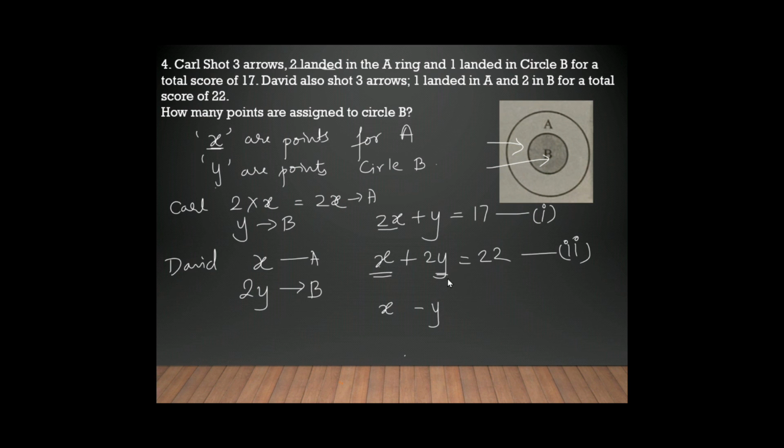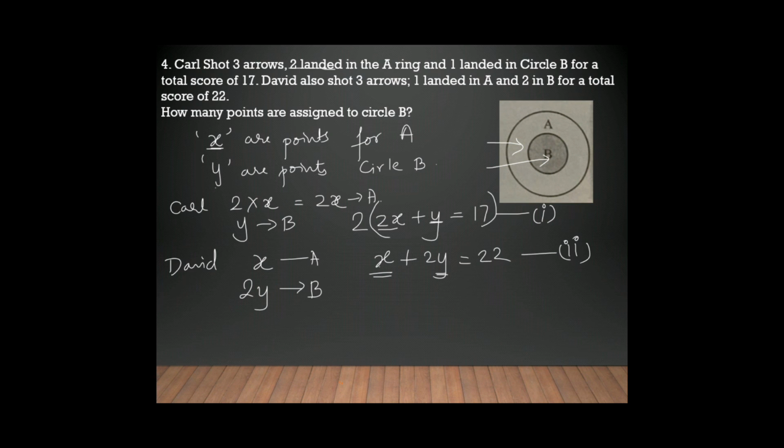So just to make it simpler, because I want to eliminate one of the x or the y terms, I am going to multiply this entire equation number 1 with 2. If I multiply this with 2, I am going to get y as 2y, and then I can subtract these two equations easily. Okay. Let's see how to do it.